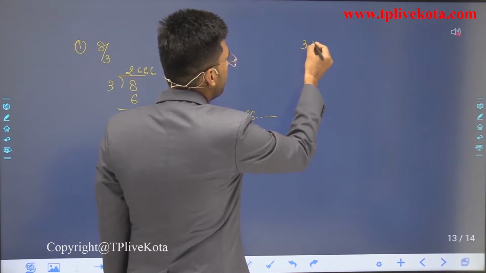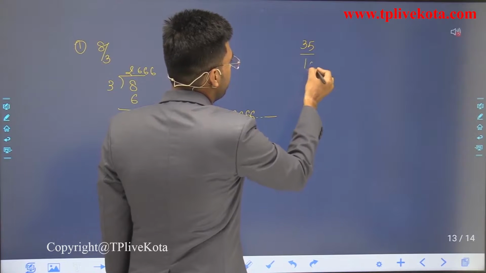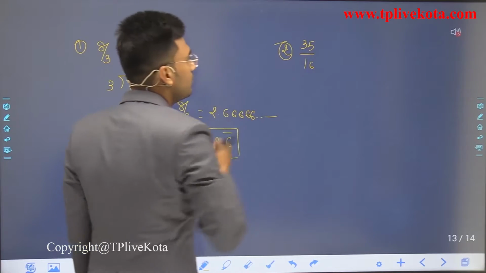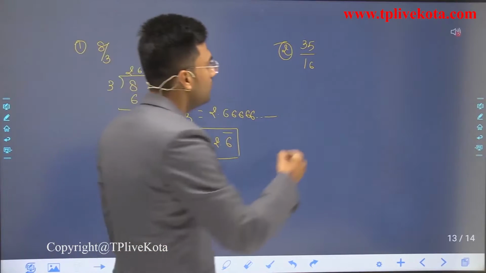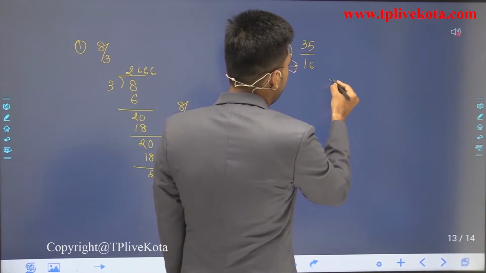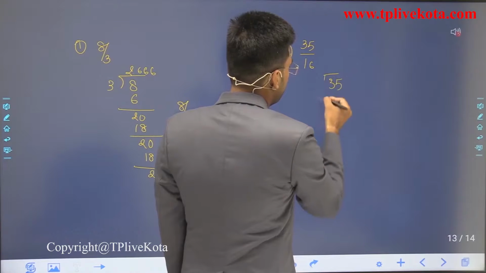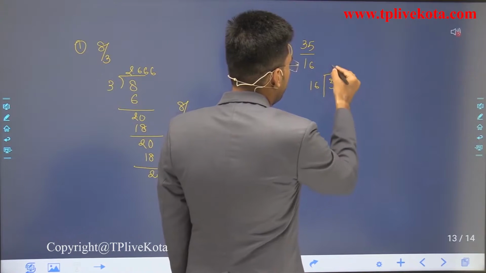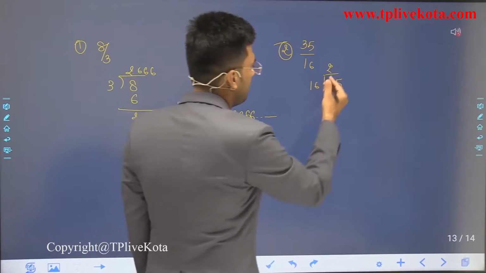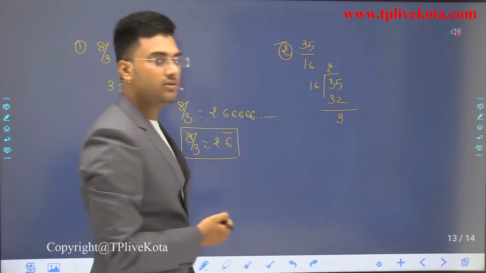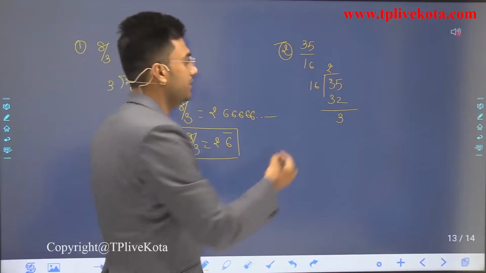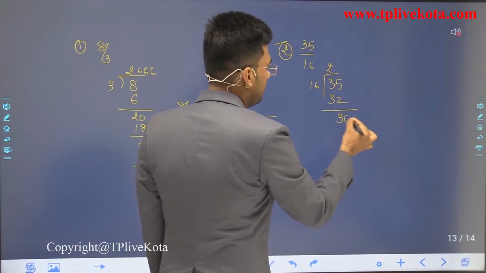35 divided by 16. Now let's divide 35 by 16. First of all it goes 2 times, 2 times 16 is 32, remainder 3. Now 3 is not divisible by 16, so let's take a decimal for that. 30.